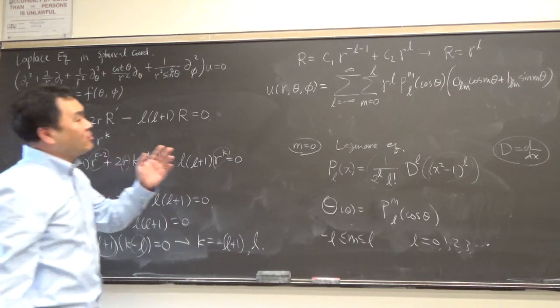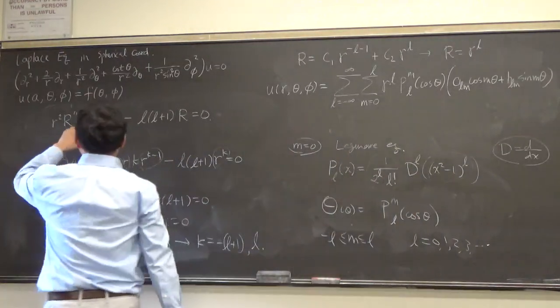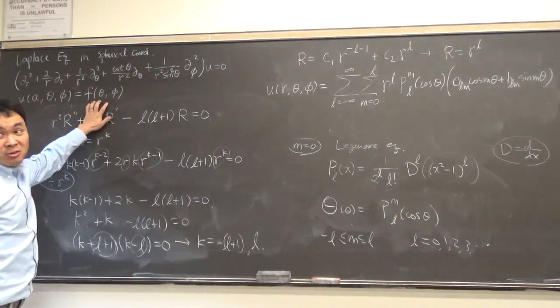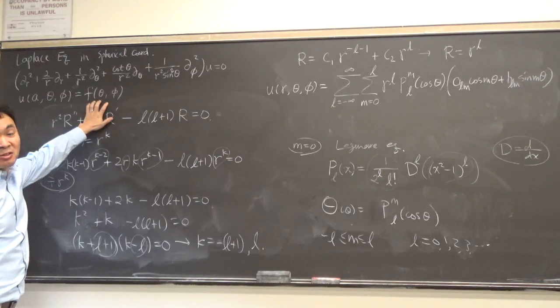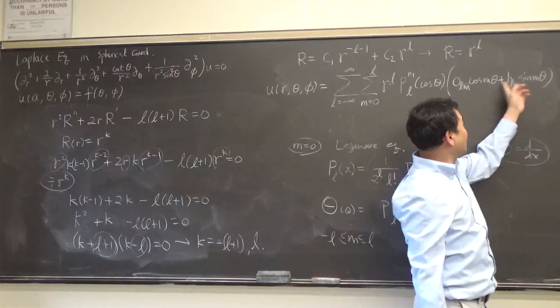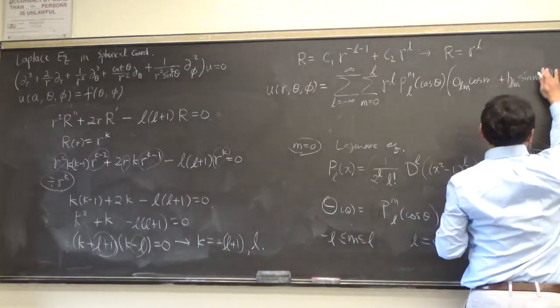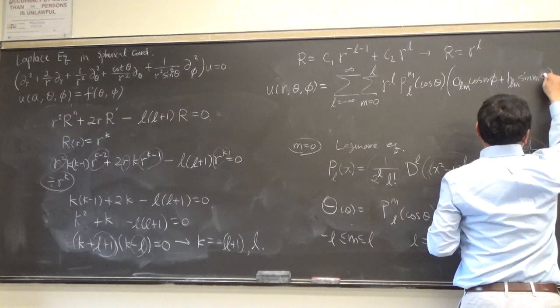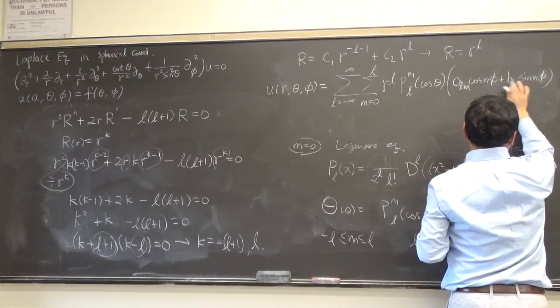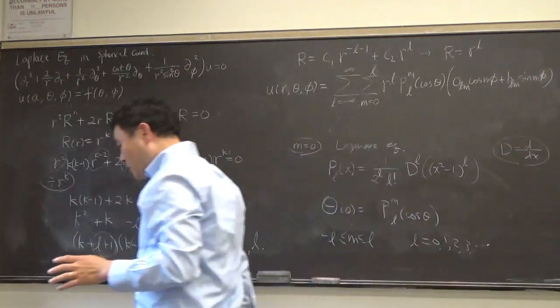And then to get these A_lm and B_lm, we need to write down the integral by working out the two things. There's the cosine m phi and sine m phi, which requires the Fourier series with respect to phi.